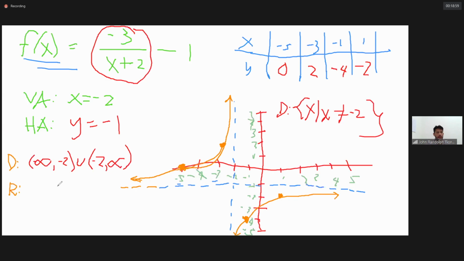Alright? And for your range, guys, what's your range here? Di ba kung sa domain kanina, makita mo, lahat ng negative values dito, negative infinity, but not -2. And -2, lahat ng positive infinity.